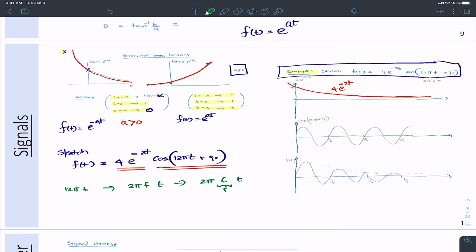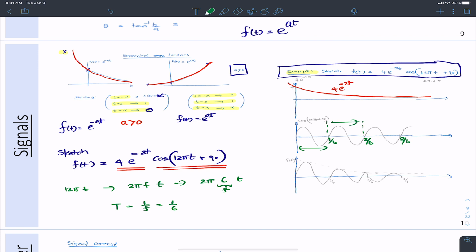So that is the frequency. The time will be 1 over f, so that will be 1 over 6. That's why we have 1 over 6, 2 over 6, 3 over 6. So that is the duration, the periodic time of the sine.